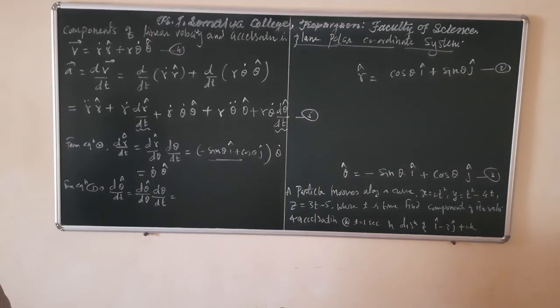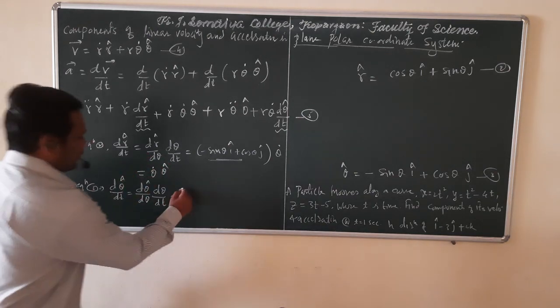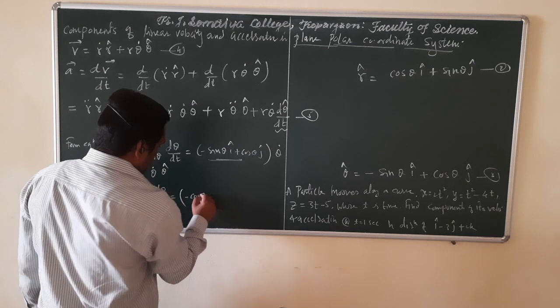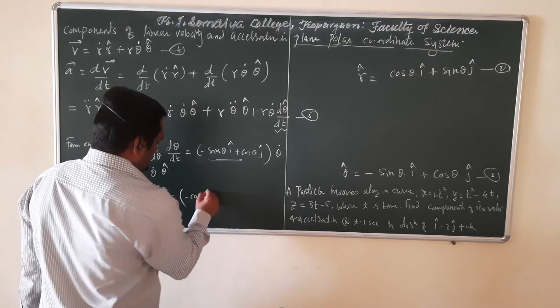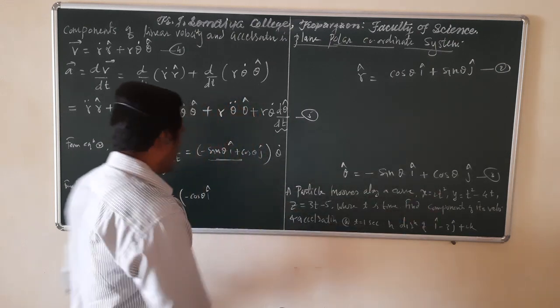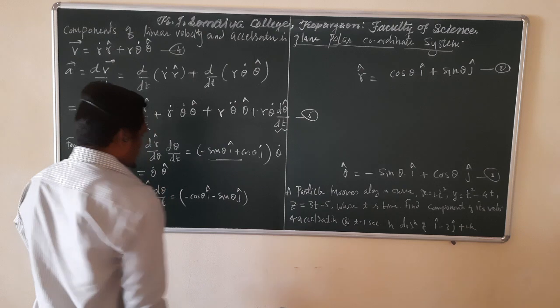If you take the derivative of theta cap with respect to theta, the derivative of sine theta is cos theta, so the first term is minus cos theta i cap. In the second term, the derivative of cos theta is minus sine theta into j cap.